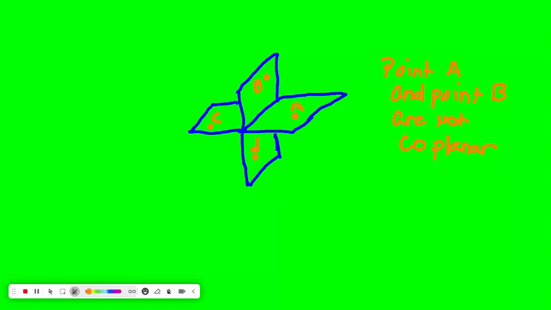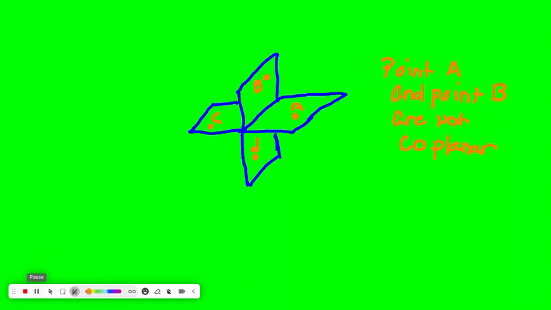So what points are coplanar? Well, point C and point A are on the same plane, so they're coplanar. And point B and point D are coplanar. And you can add more to that. You can say that point A and point C are coplanar because they lie on the same horizontal plane.